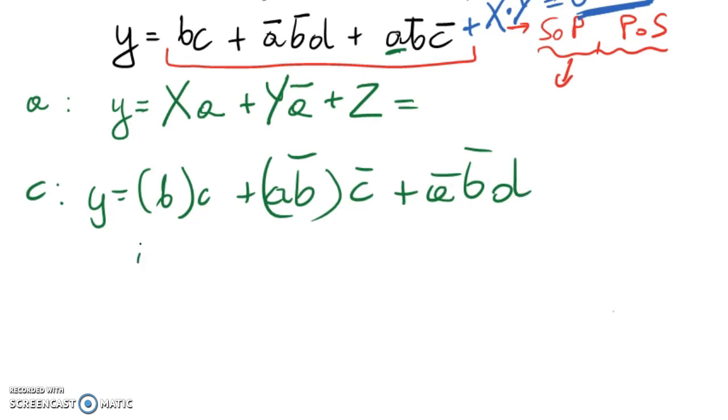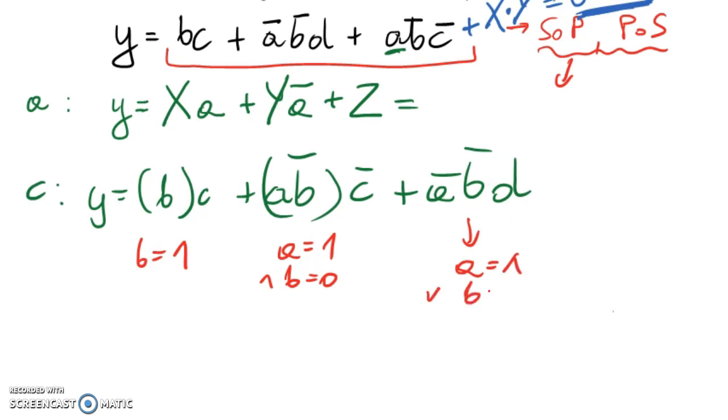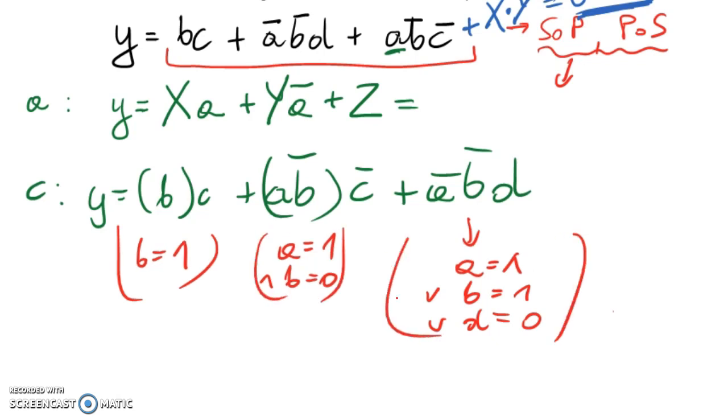And the conditions are B equals 1, let's take another color, the red one. From this, A equals 1 and B equals 0. From this, A should be 1, or B should be 1, or D should be 0, to have a Z, upper Z here, this element. So let's have a look. These should be satisfied at the same time.